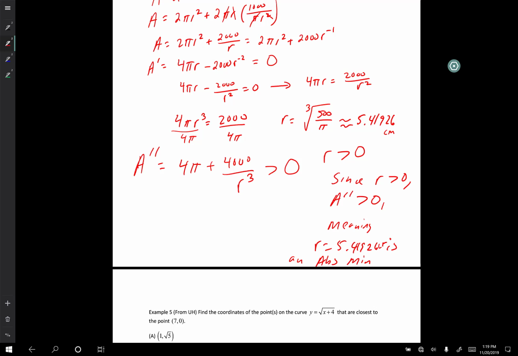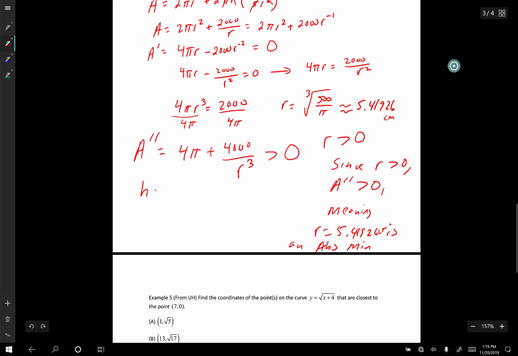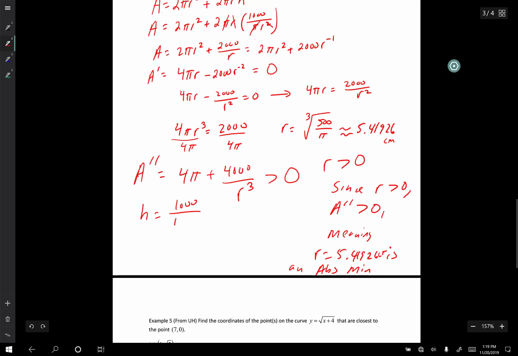I'm going to save this to A, guys, because I think it's simpler for me. Store it to A. So look, all I'm going to do, if you want the height, just plug it in here. Height equals 1,000 divided by pi times R squared. So let's see what I get.